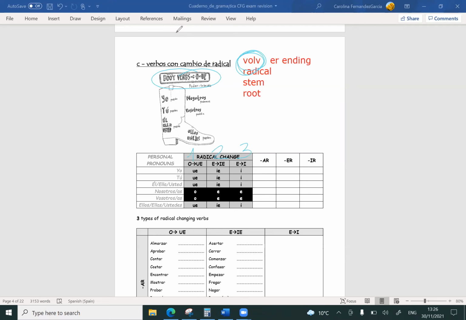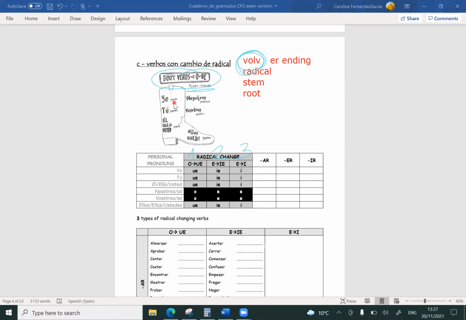Let's take the O to UE as an example. We have the verb poder, to be able. It's a very common verb. Now, if I'm going to put that in the present, the O changes to UE in all the persons, with the exception of two, which are we and you all.